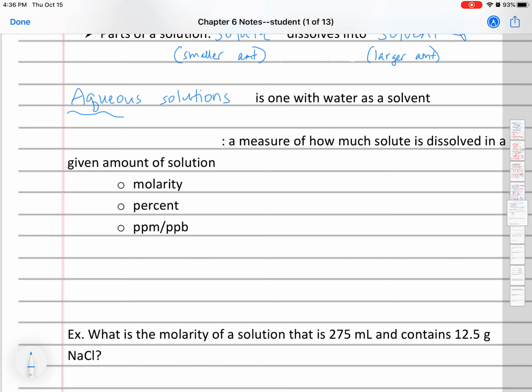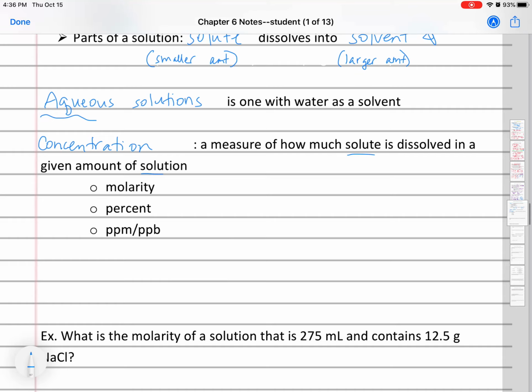All right, so when we have a solution, we can measure the concentration of that solution. Concentration is a measure of how much solute is dissolved in a given amount of solution.